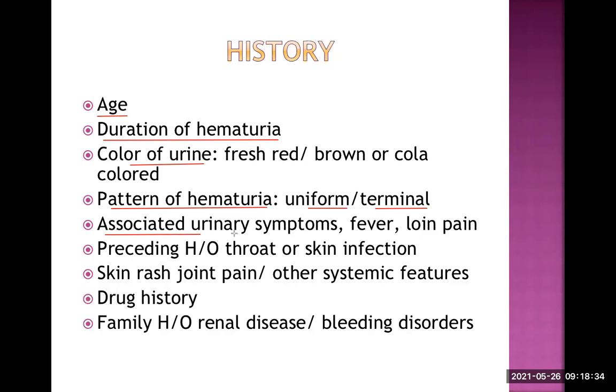Ask about other associated urinary symptoms like burning urination or difficulty to urinate. Ask about fever and ask about loin pain. All of these are important features of pyelonephritis. So what is pyelonephritis? Yes, what is that? Sir, infection of the kidney. Exactly, it's absolutely right.